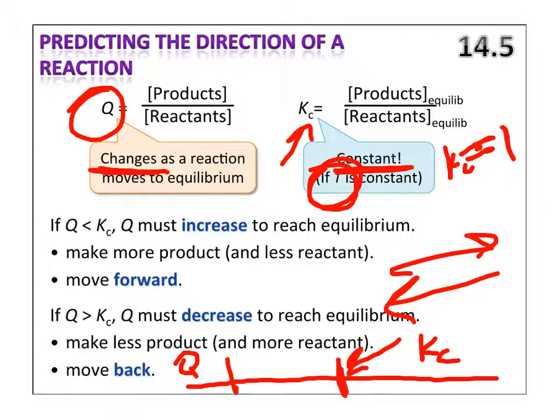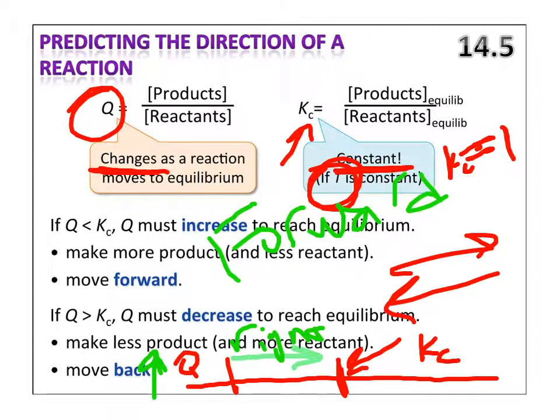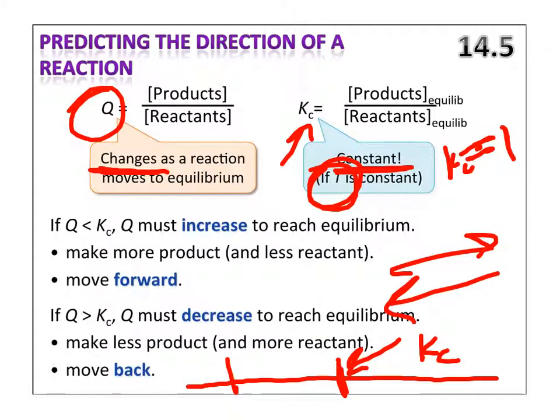So we can move Q in the forward direction here. This is essentially what we're doing here: we're increasing Q. We're increasing the concentration of Q so we can move to the right, or a lot of people like to say the forward reaction.